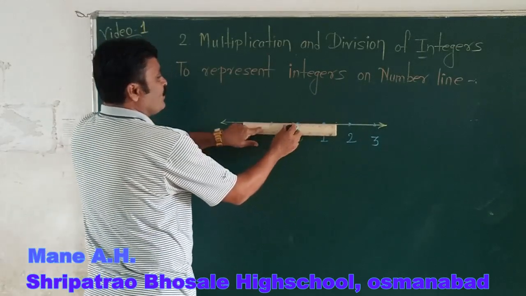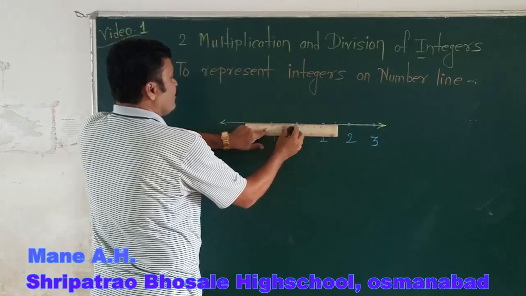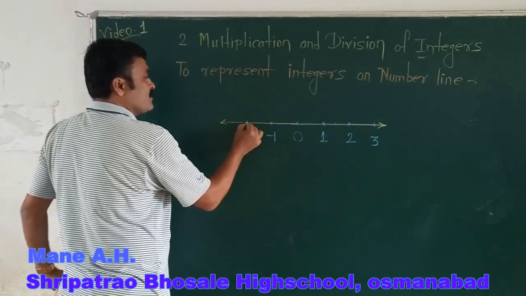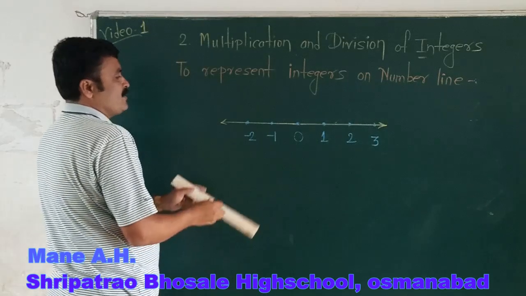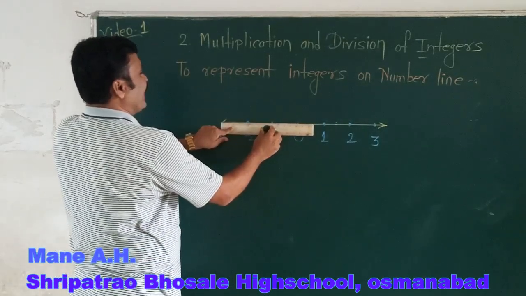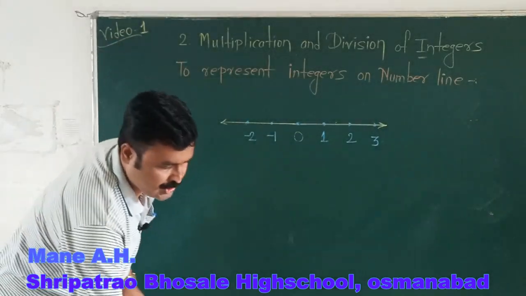Now from -1 again we put the same distance of 4 centimeter, and here I am taking another second point as a negative integer -2. Thereafter if we try to show another integer, we can also represent that, but this is sufficient here.